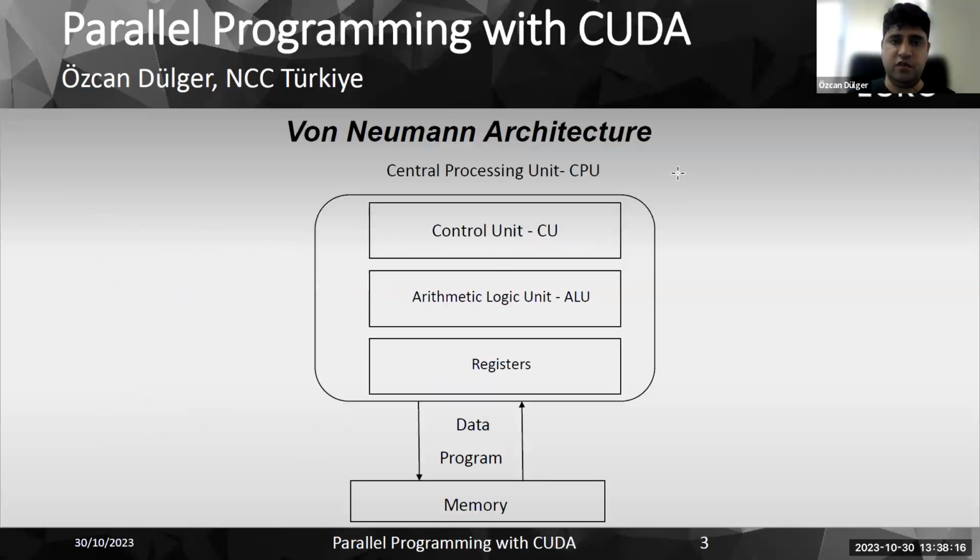Let's start with a quick review of the Von Neumann architecture. This is the basics of the processors. In the Von Neumann architecture, there is a CPU, central processing unit, and a separate memory. In the central processing unit, there is a control unit, arithmetic logic unit, and the registers.